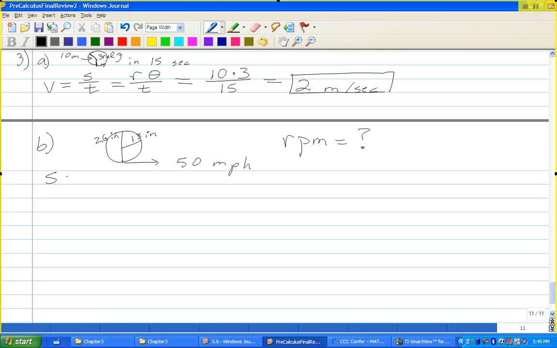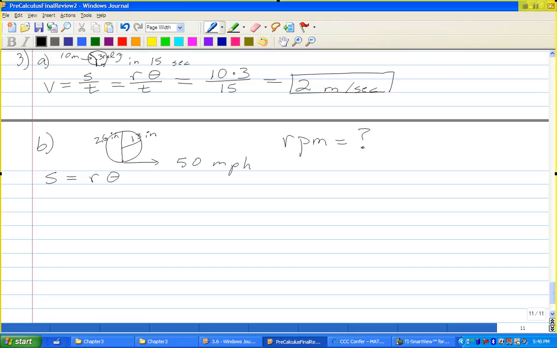Now, so the distance is r theta. So let's figure out in 1 minute how far has it gone.